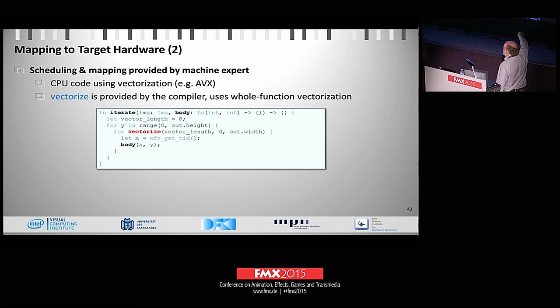This is just simply to know where in your vector you are, and then for wherever you are, you're iterating here the body function. And without doing much work, you're getting a vectorized SSE or AVX implementation of that.